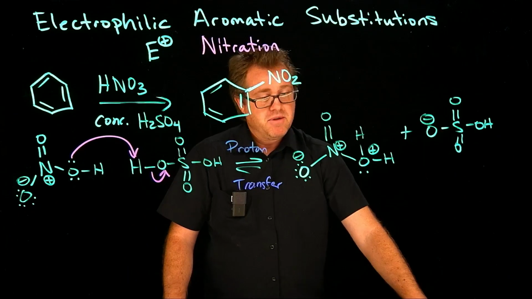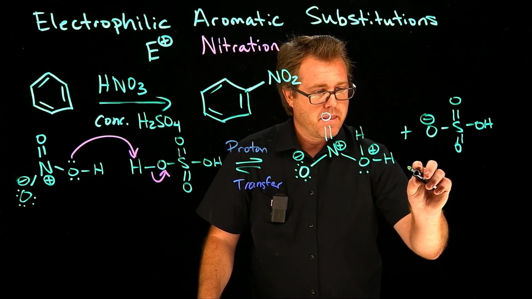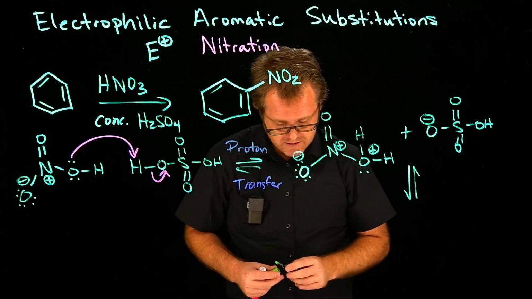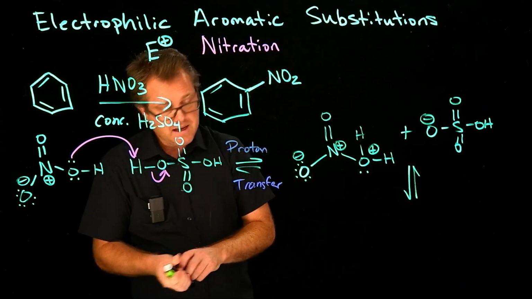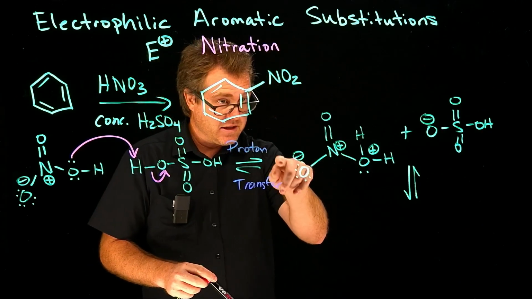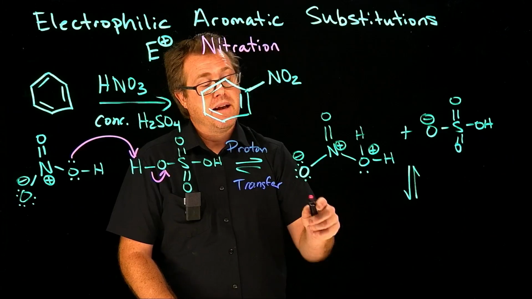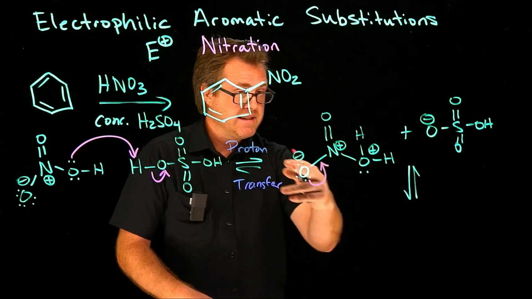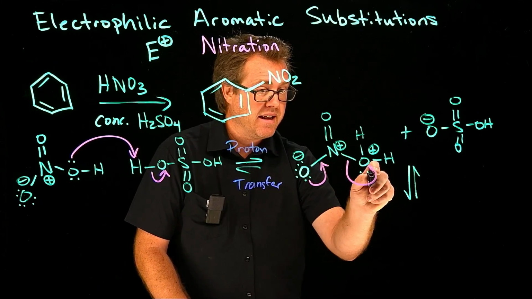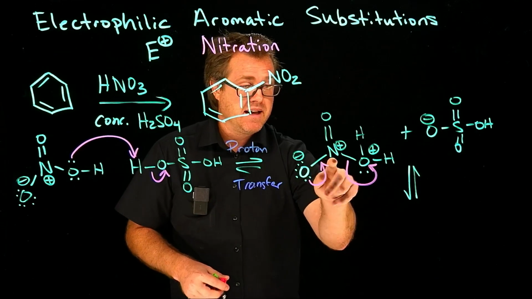Now what's going to happen here is a heterolysis step. This one's interesting because we have this negative charge, and we can take one of these lone pairs and bring it down. When that comes down, this group has to kick off, or we would break the octet of that nitrogen atom.